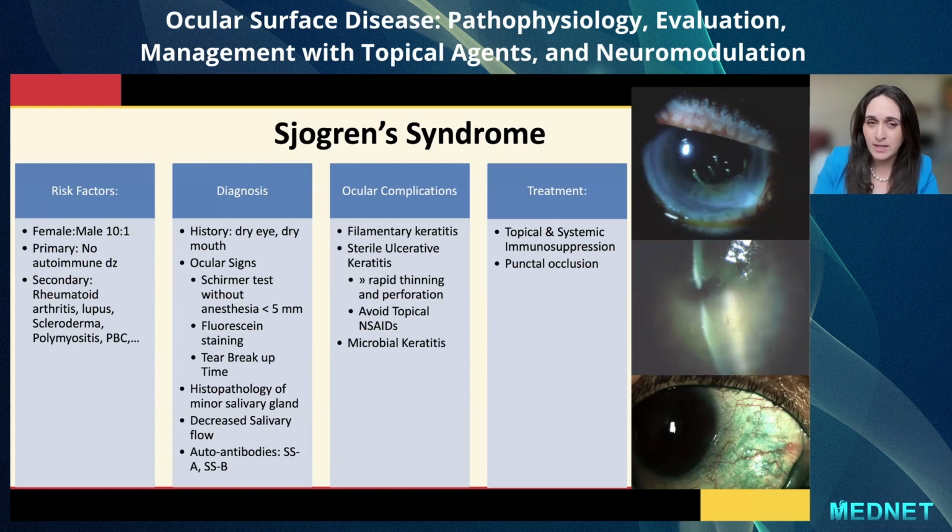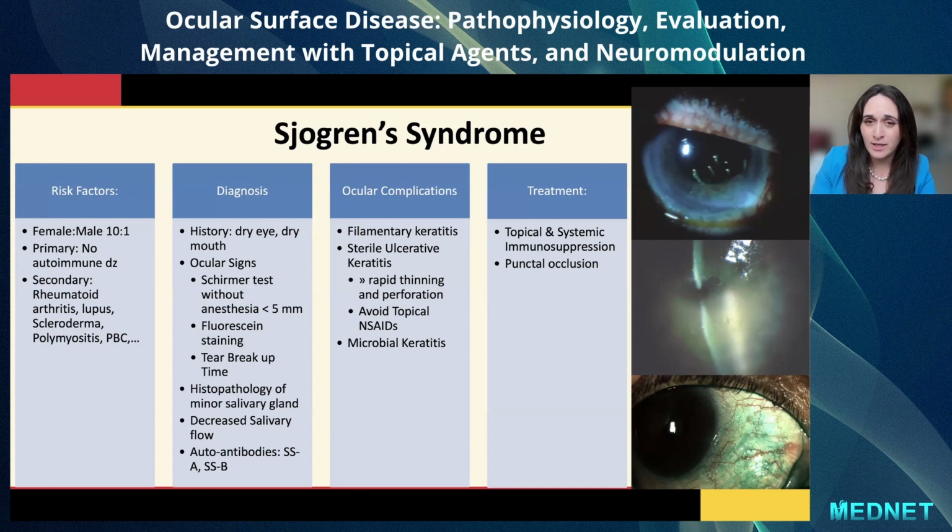You make the diagnosis based on history, so a history of dry eye or dry mouth, and ocular signs, including a Schirmer's test, fluorescein staining, and tear breakup time, and we'll go into more details on all of those. And then you can get a histopathological diagnosis, and you can look for autoantibodies such as SSA and SSB.